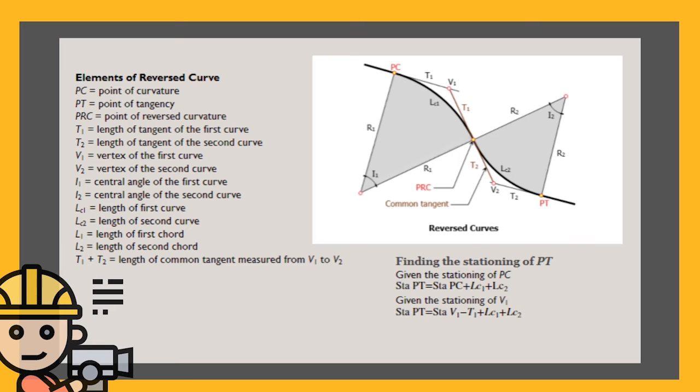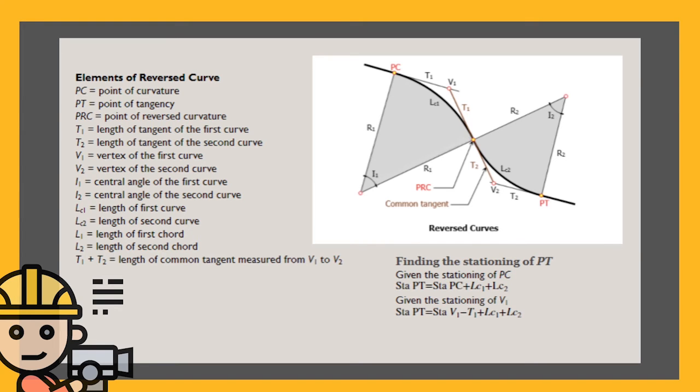So L1 is the length of the first chord, L2 the length of the second chord, and lastly T1 plus T2 is equal to the length of the common tangent measured from V1 to V2. So lastly, finding the stationing of PT, there are two kinds.